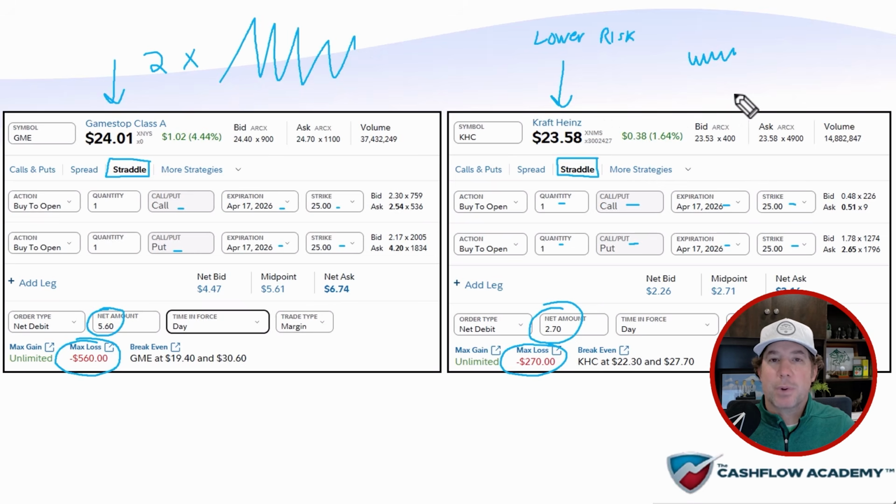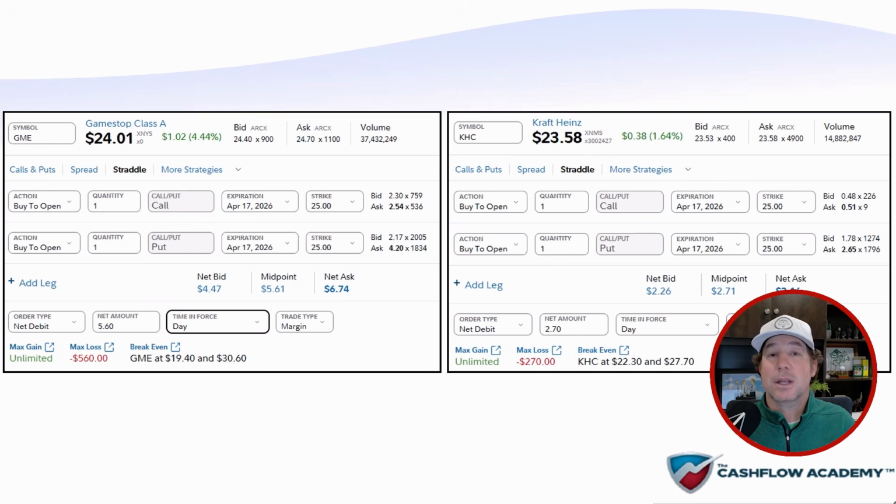They're not going to be priced the exact same way because their historical volatility, the statistics on these stocks, are such that they don't move the exact same way, right? So we need to understand that not all straddles are created equal, that some will be expensive and some will be inexpensive. So that brings us to an example trade.